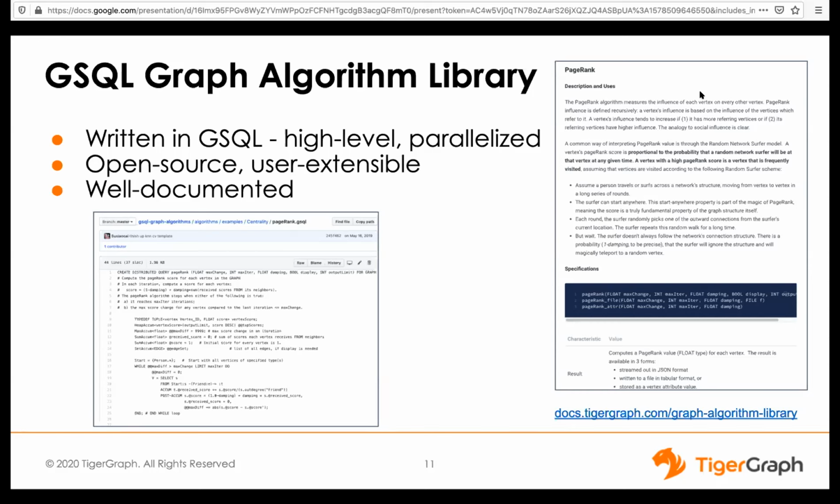So you can go to GitHub and see the source code. Also, on our documentation website, we have fairly extensive documentation on how to use them, with some examples. And the great thing about using GSQL is that you see the source code and you can modify the algorithms.